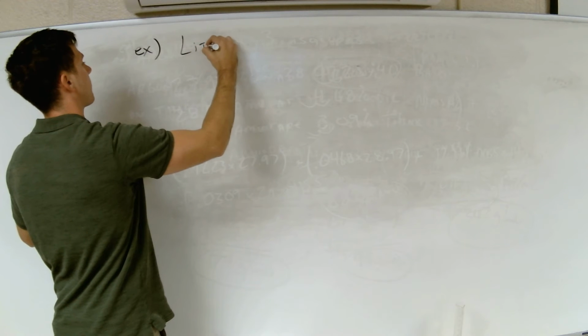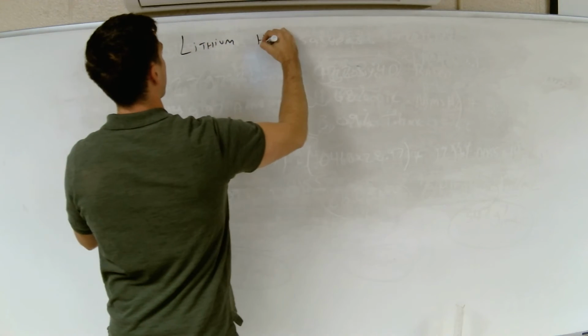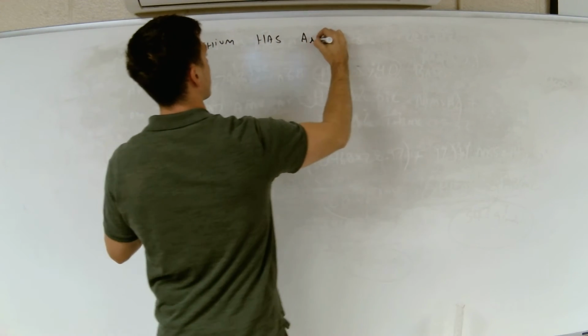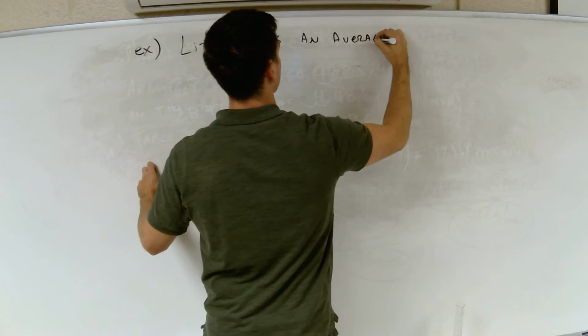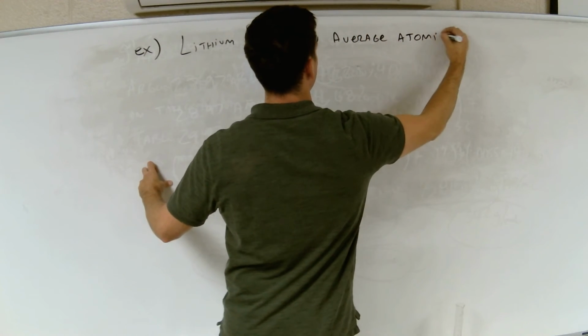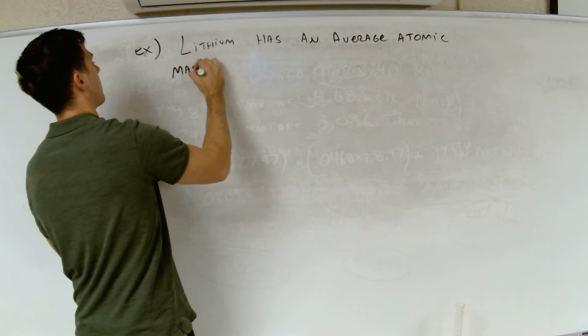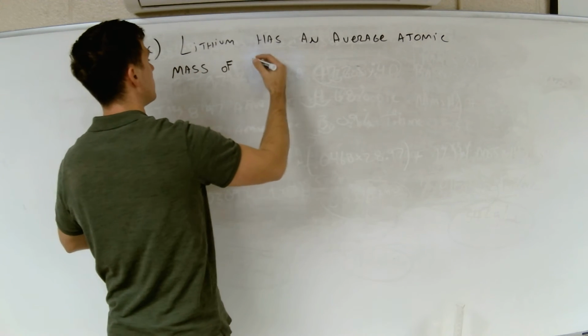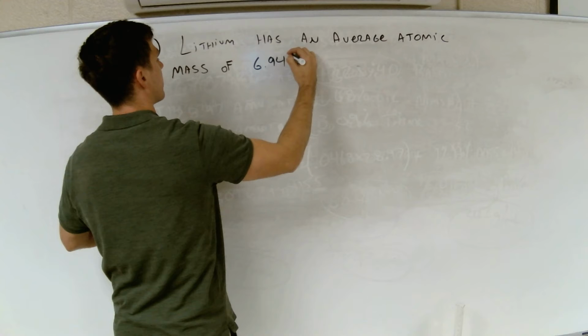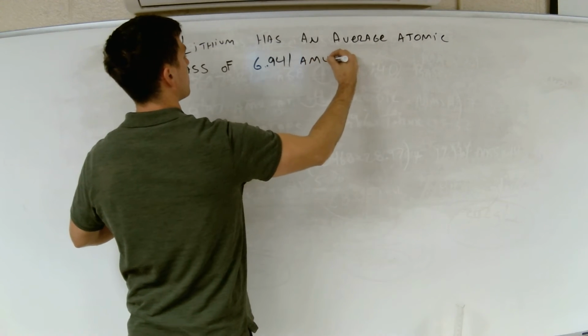lithium. Lithium has an average atomic mass of 6.941 AMU.